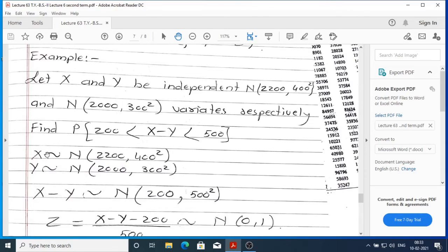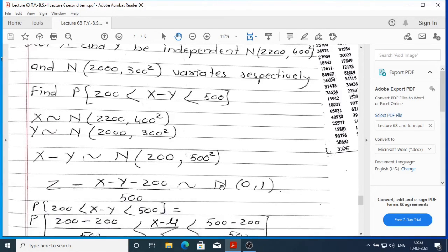So x follows normal with 2200, 400 square and y follows normal with 2000 and 300 square. So x minus y will follow 2200 minus 2000 becomes 200 and variance will get added. So this becomes 160,000 plus 90,000. So we can say that it is 250,000, 500 square.